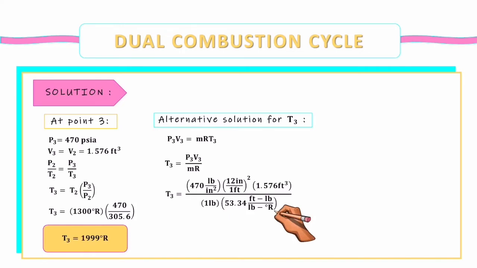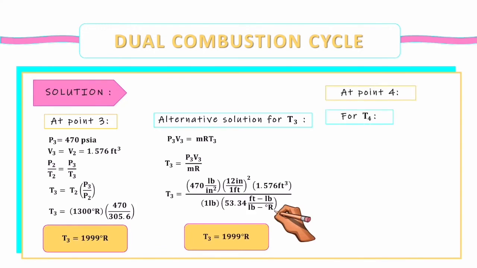And we will come up with the same answer for the temperature at point 3, which is 1999 Rankine. Since we got the same answer, it proves that alternative solutions are applicable to other thermodynamic processes.